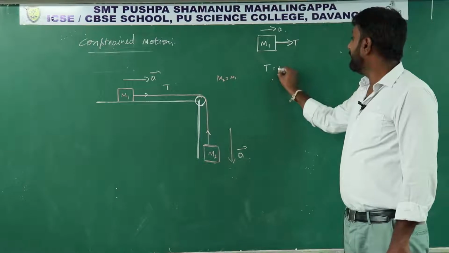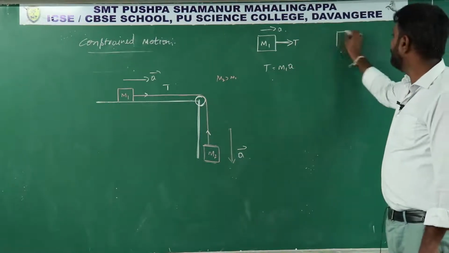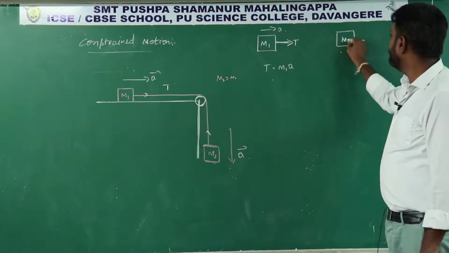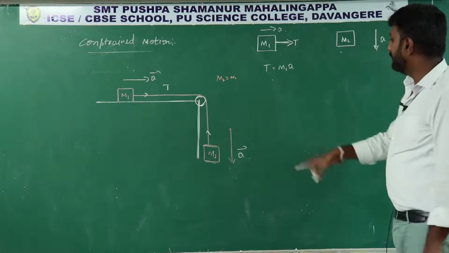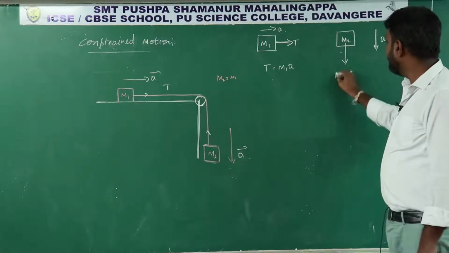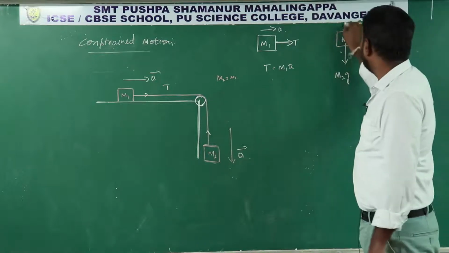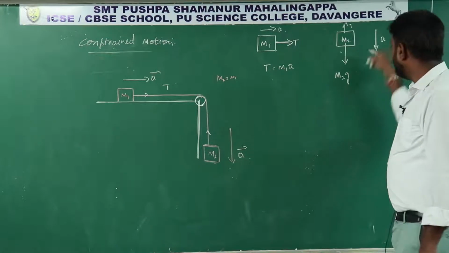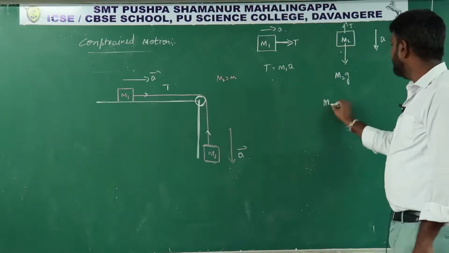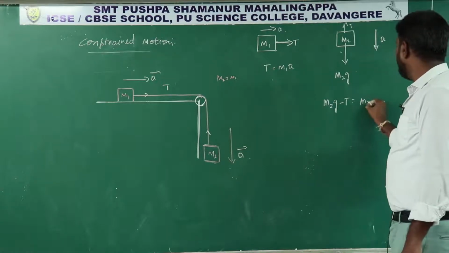Then T we can write as m1 into a. And next second block, this block is m2. m2 acceleration is downward. So here I can consider the weight m2g, and in upward direction tension force is acting, T. Then acceleration is downward, means we can write m2g minus T is equal to m2a.